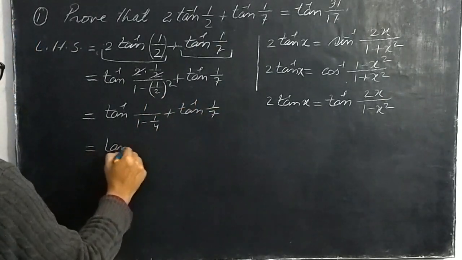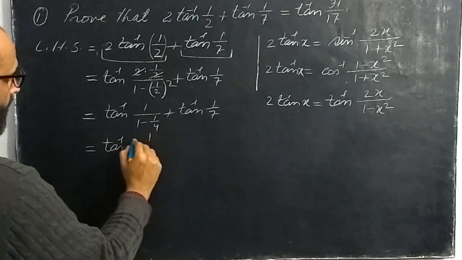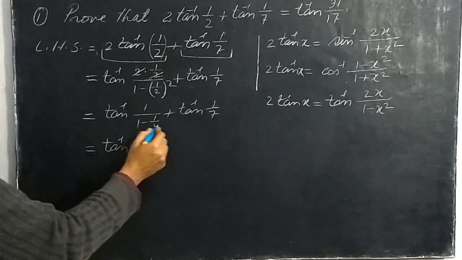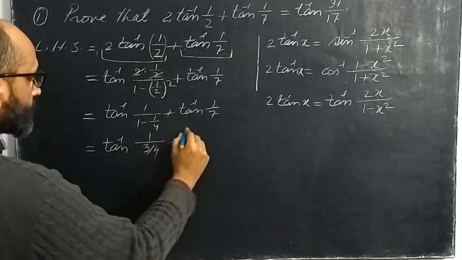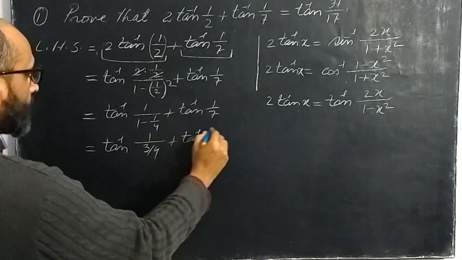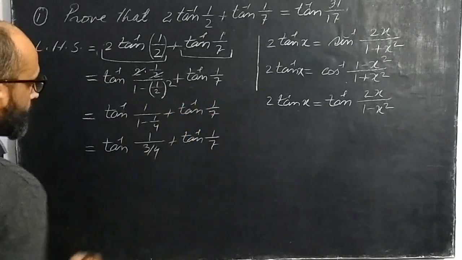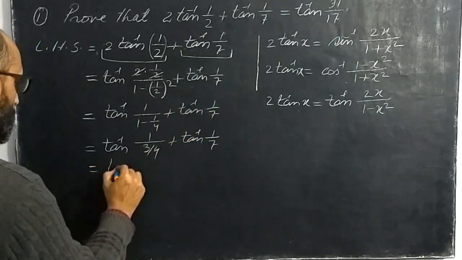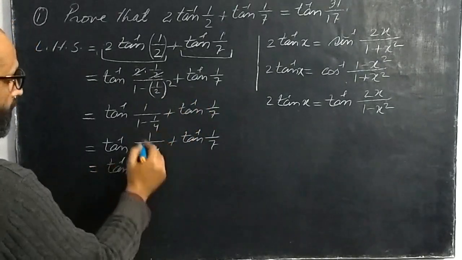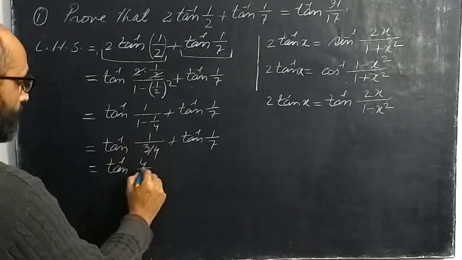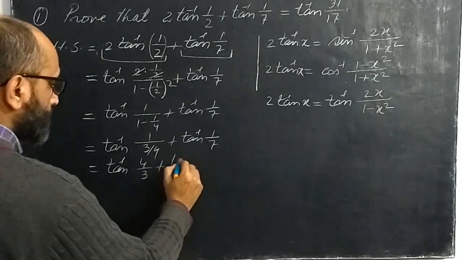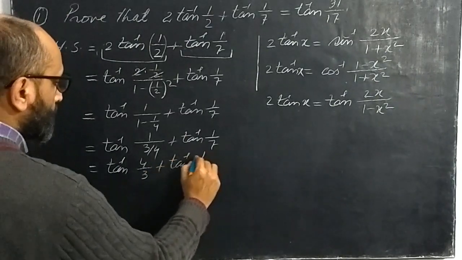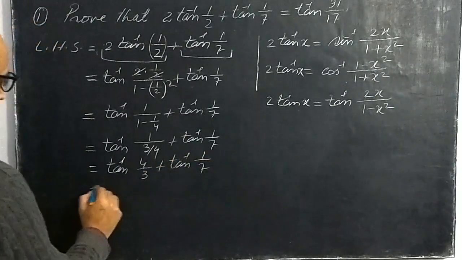So tan inverse 1 upon, here we simplify 1 minus 1 upon 4, we get 3 upon 4, plus tan inverse 1 upon 7. So as you know, 1 upon 3 upon 4 may be written as 4 upon 3. So we get tan inverse 4 upon 3 plus tan inverse 1 upon 7.